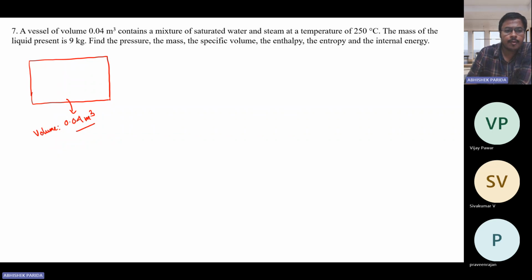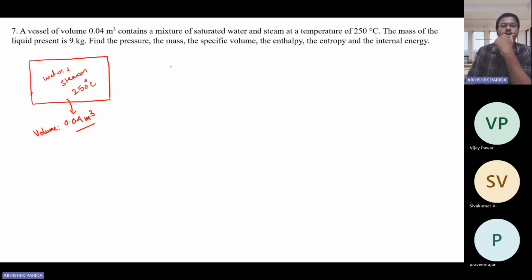So first of all, we are having a vessel of this much volume. Then it is saying that it is containing a mixture of saturated water and steam. So both water plus steam is there inside this. And what is the temperature it is telling? 250 degrees Celsius.